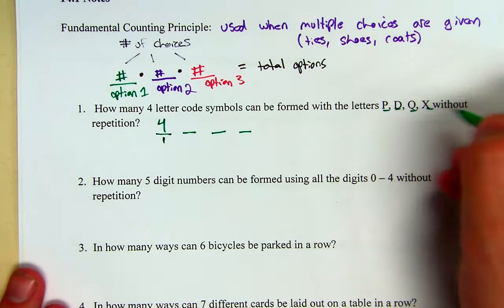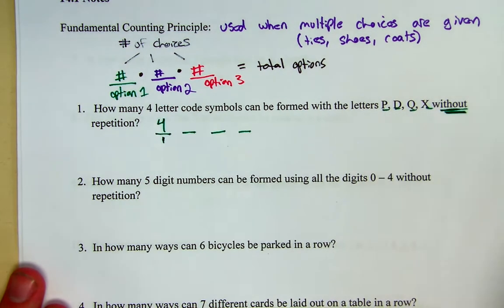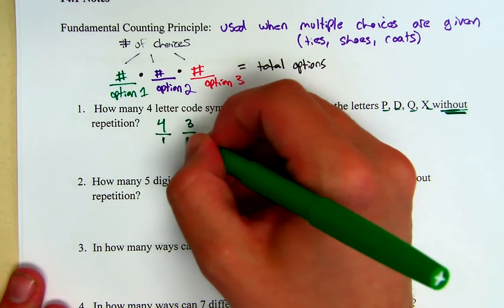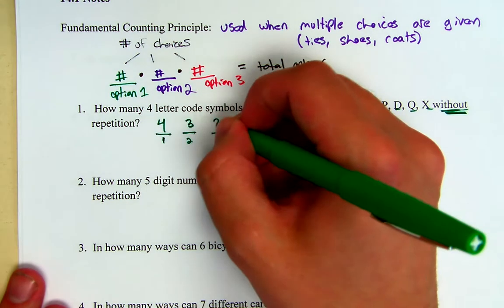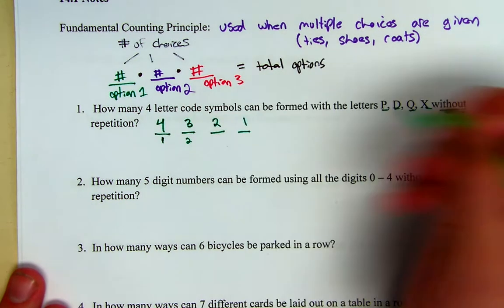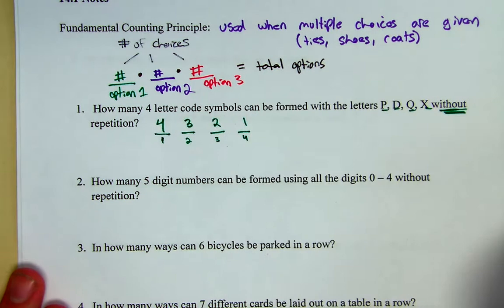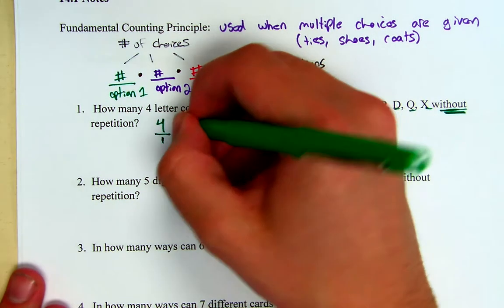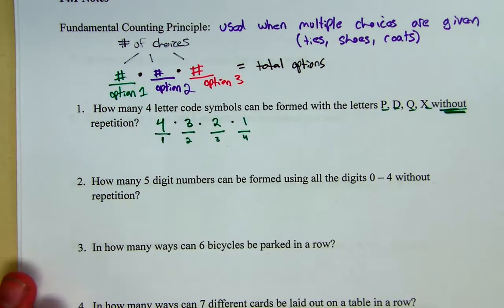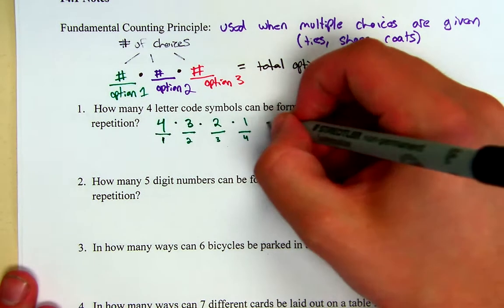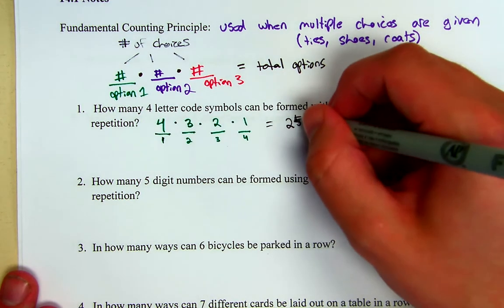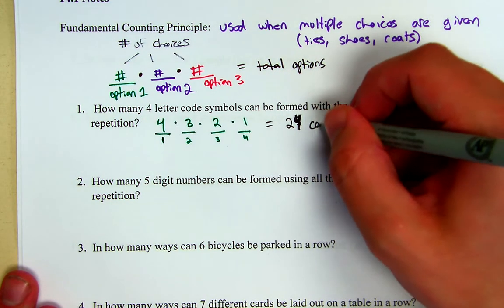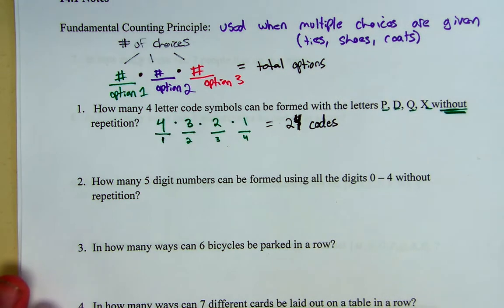But if I cannot repeat, that means I now only have 3 options left in the second slot. And again, I have 2 options left, and then 1 option left. So the total amount of codes is found by multiplying those all together. If I multiply these together, I get a total of 24 codes if I'm not repeating.